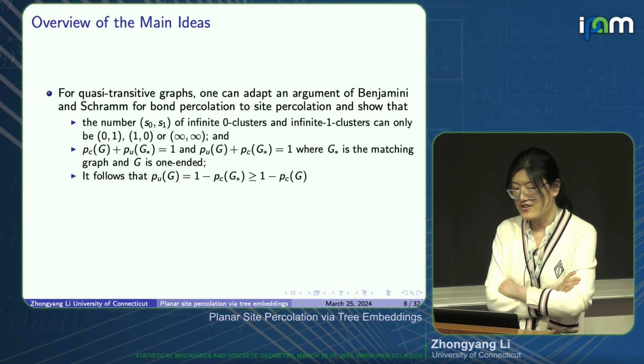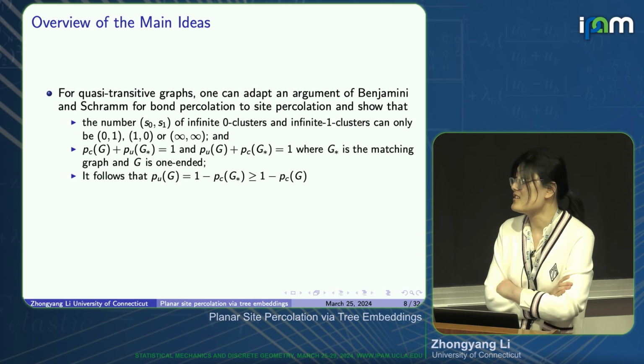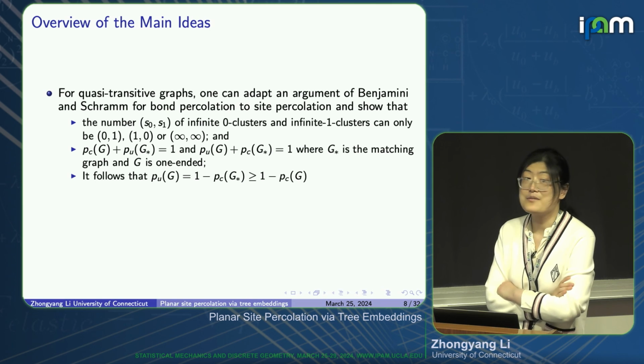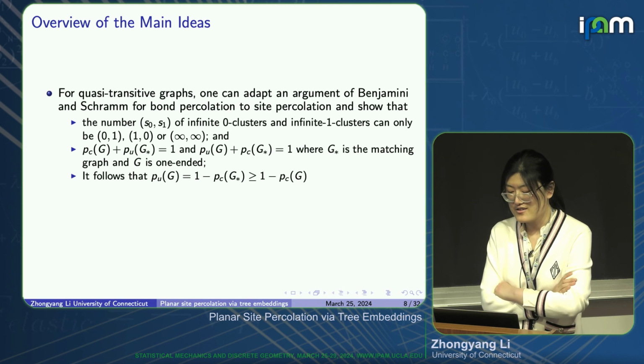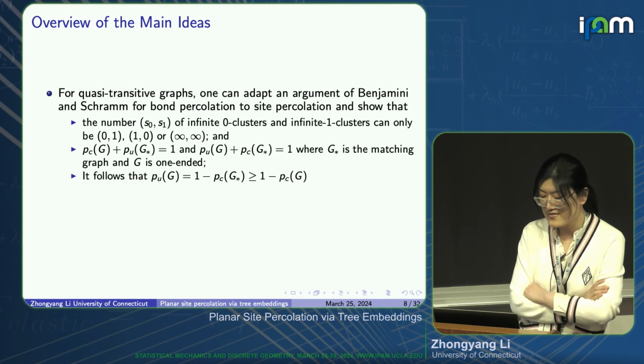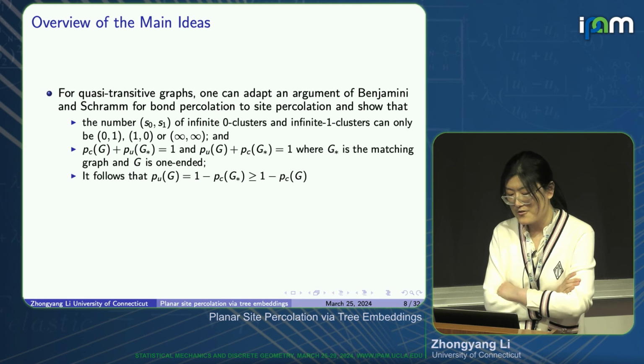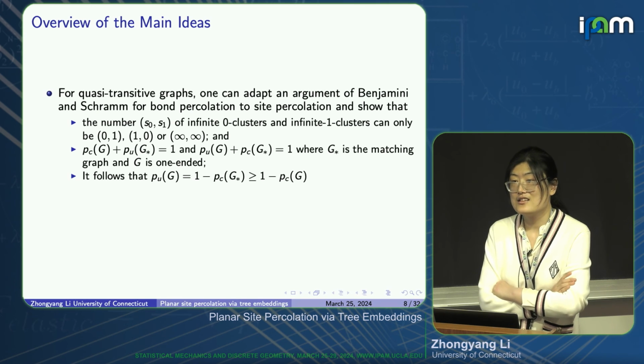But because G is a subgraph of G star, PC of G star is less than or equal to PC of G. That means 1 minus PC of G star is greater than or equal to 1 minus PC of G. Okay, so then the interval from PC to 1 minus PC is a subinterval of PC to PU.